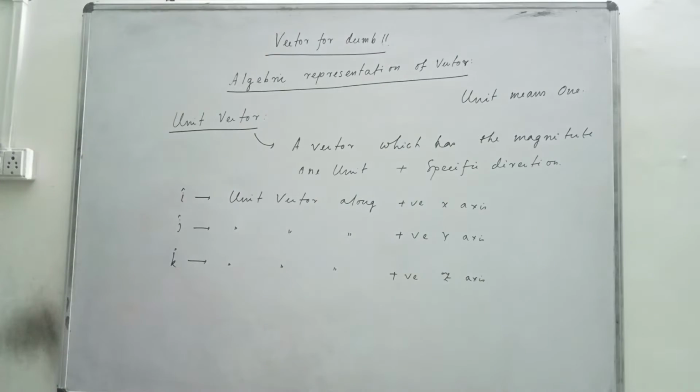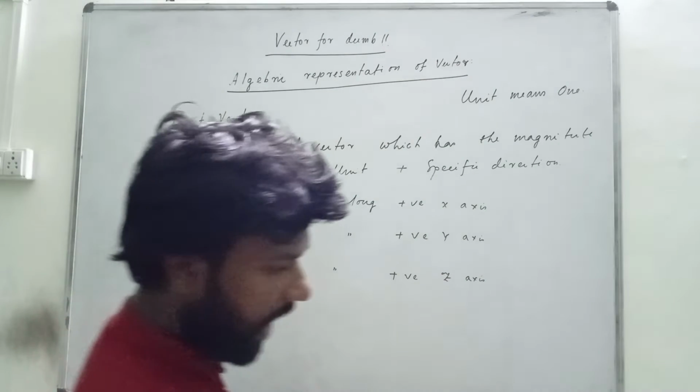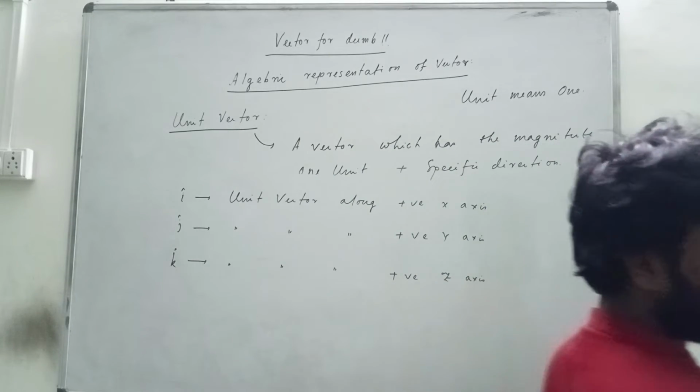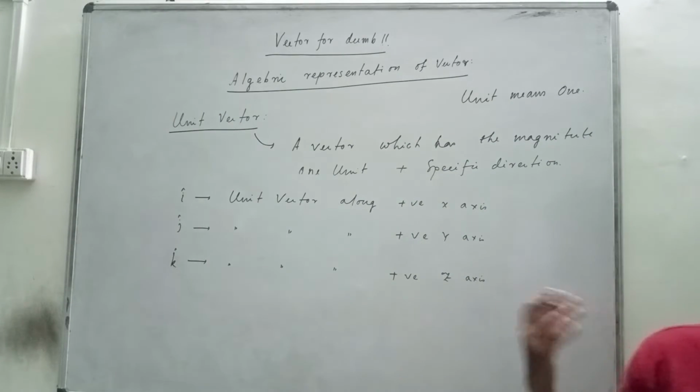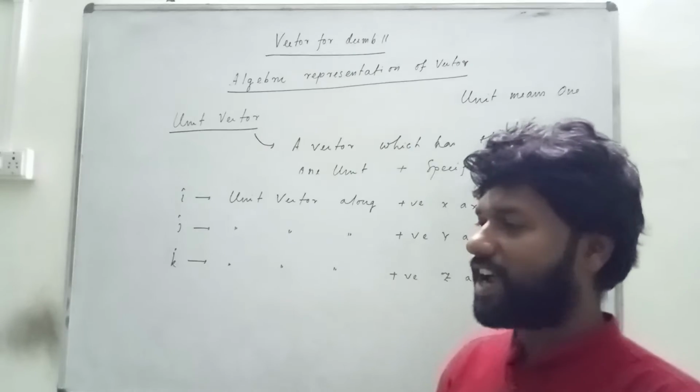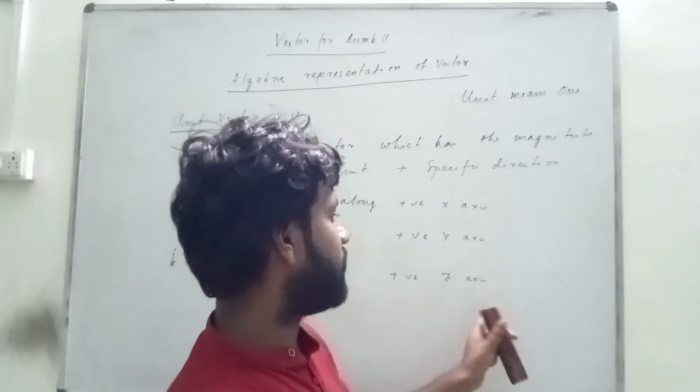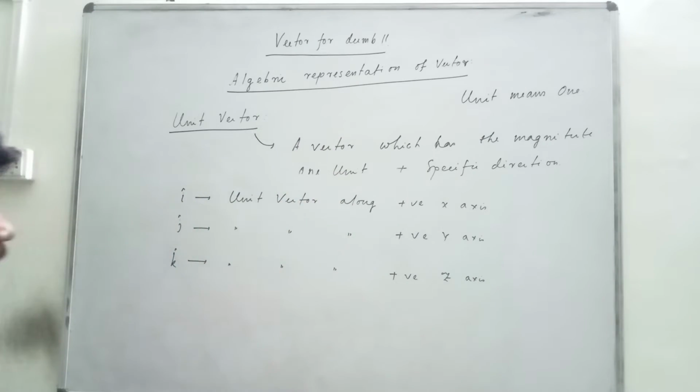So these are our three types of fundamental unit vectors: I hat or I cap, J hat or J cap, and K hat or K cap.